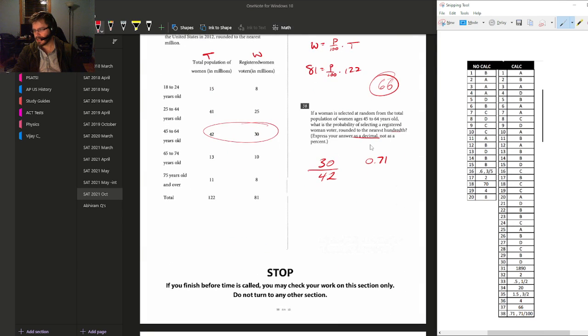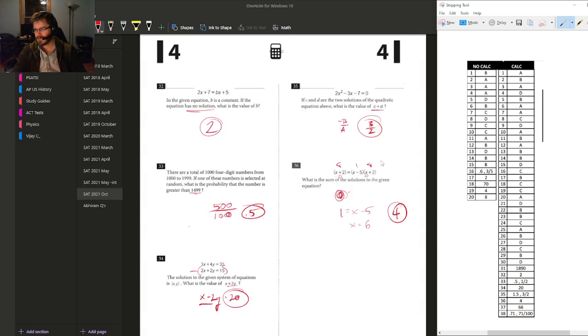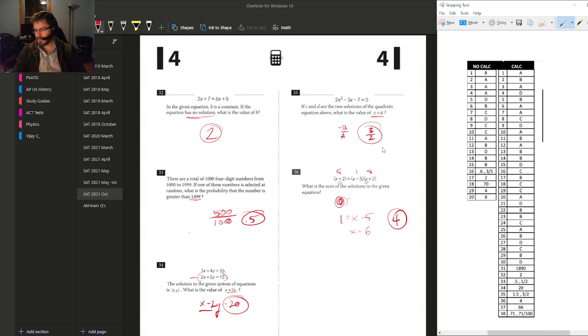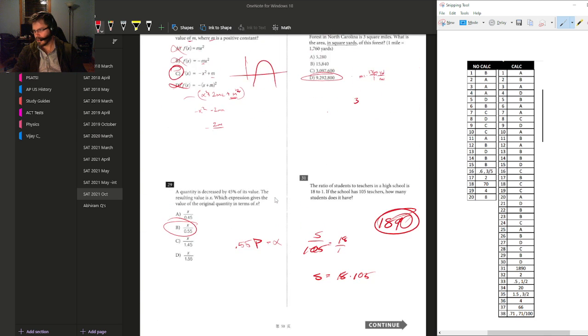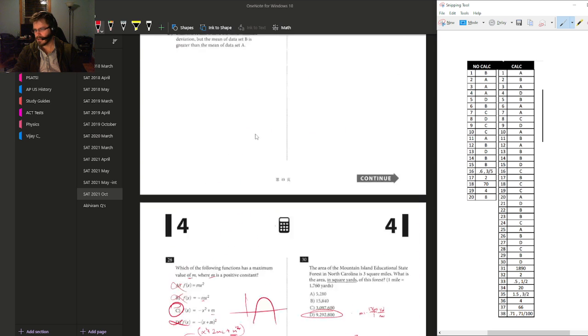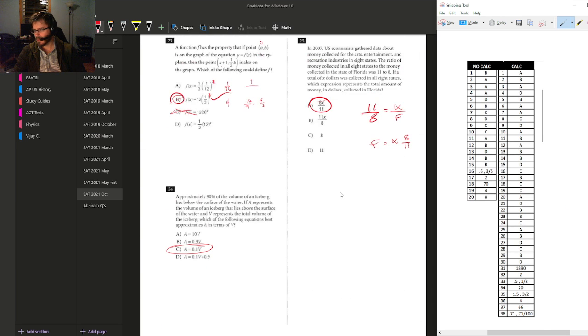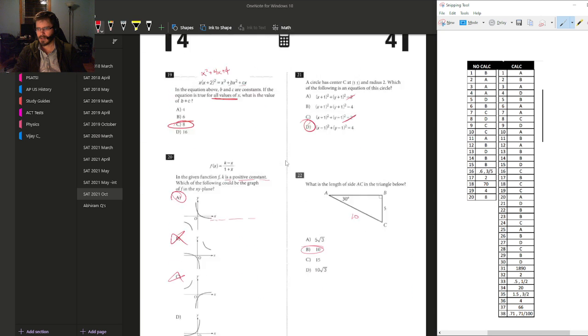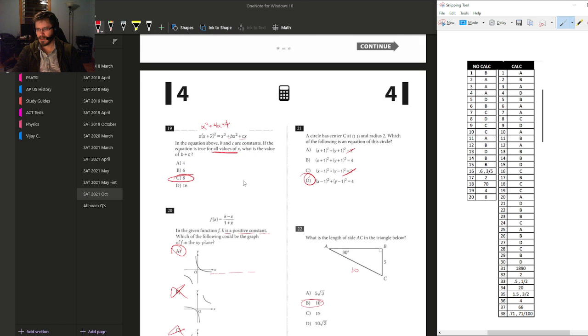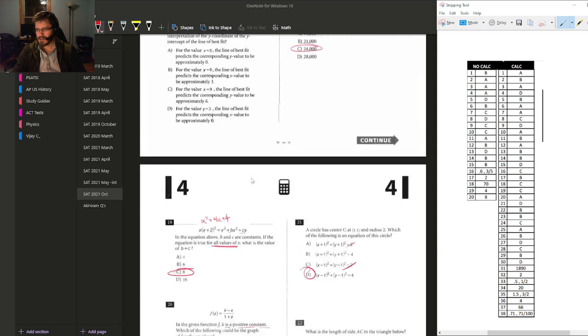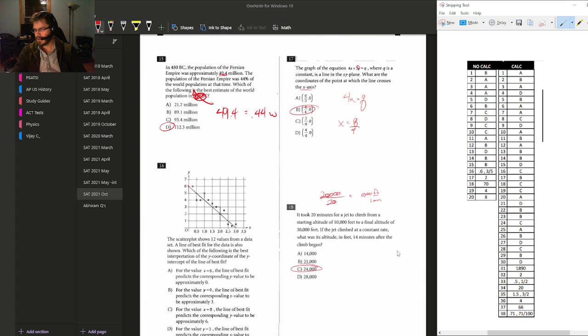Alright. So 0.71, 66, 4, 3 halves, 20, 0.52, 1890, D, B, C, DB, 25, AC, BBDA, ACB, BDA, 19, C, 18, CBC, DBB, CB.